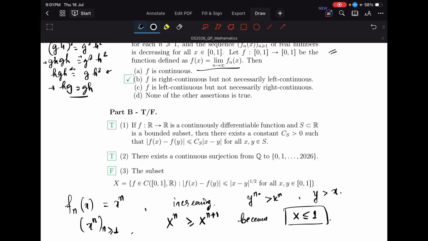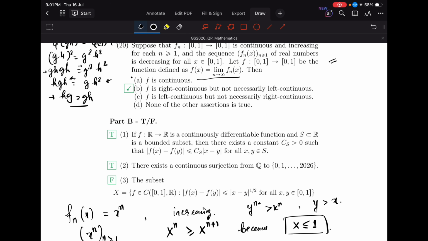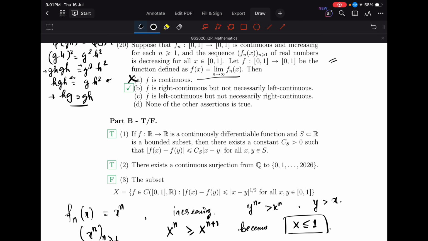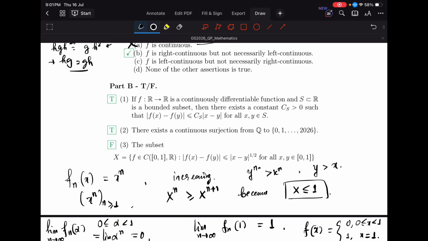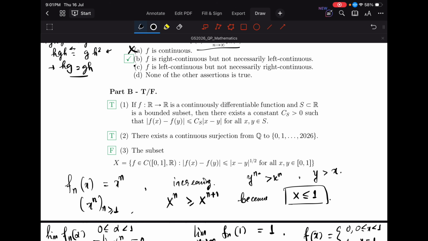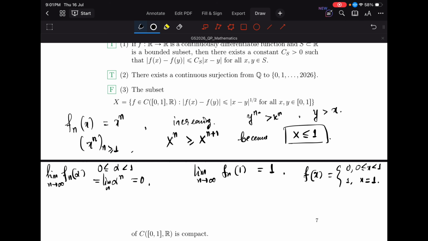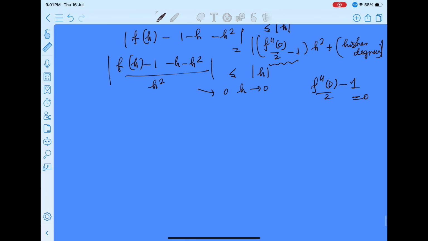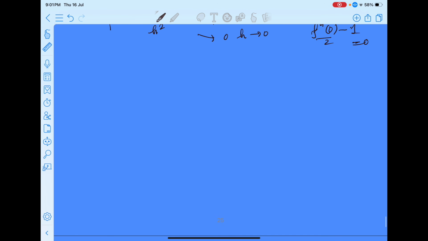But f is continuous: this is not correct because f is not continuous in this example. f is left continuous but not necessarily right continuous: f is not left continuous, so this option is not correct. So let us try to show that if the condition is satisfied, f is right continuous.